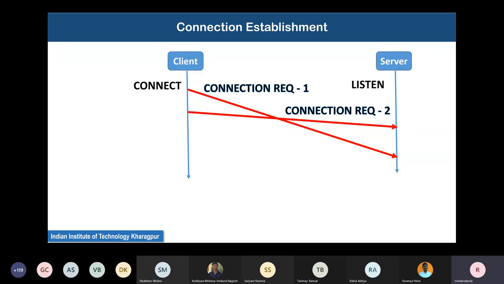So basically, you are now saying that the server will not accept the delayed connection request 1, because it has not received a disconnect request from the client for connection request 2. Connection request 2 is the current connection, right?